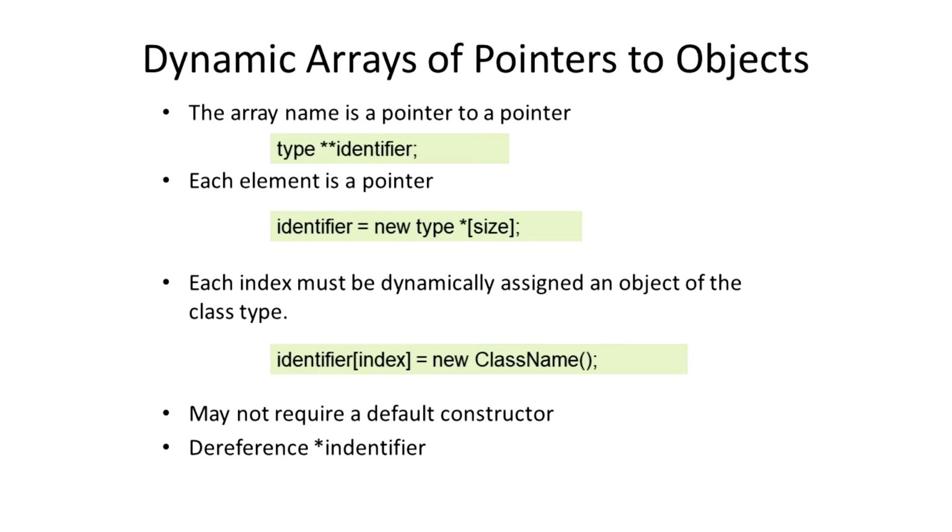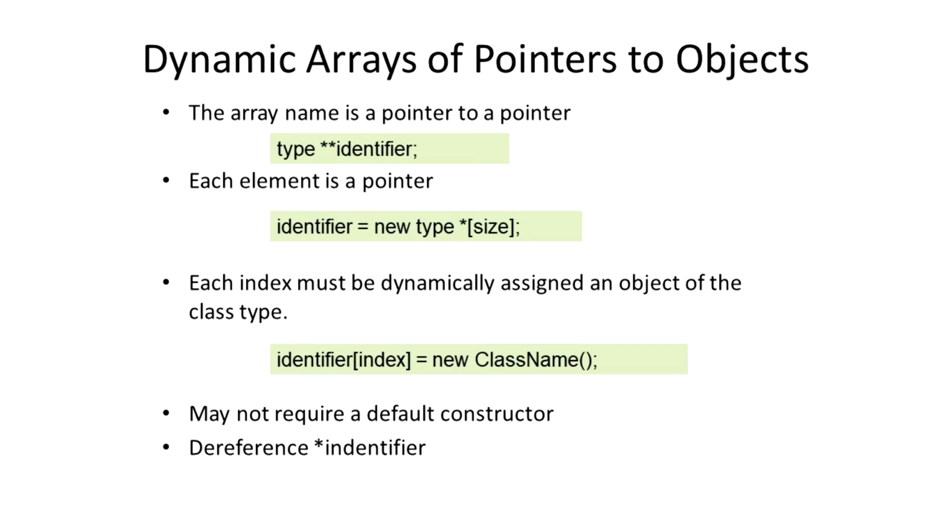That's what you have to include when you're declaring your type, so that's your class name, followed by the array identifier. And then like last time, each element is a pointer. So here we have to allocate the memory dynamically again on the heap. And then rather than type, we actually have to say type pointer. So that would be the class name pointer. And then the fixed size, whatever that is, going to be allocated at runtime.